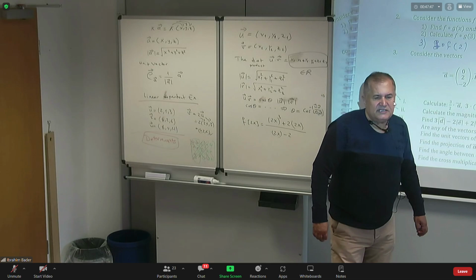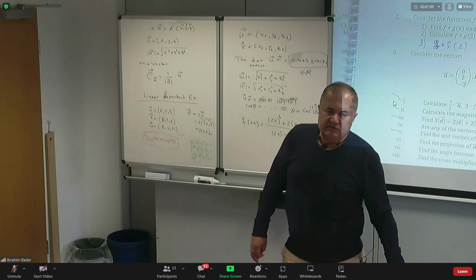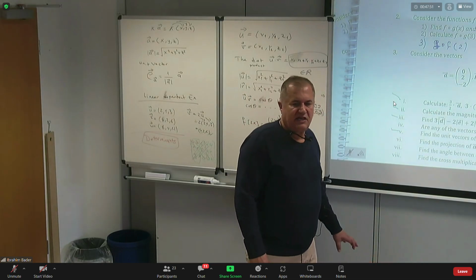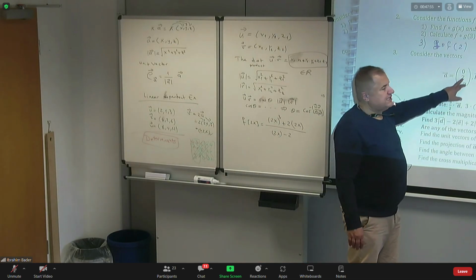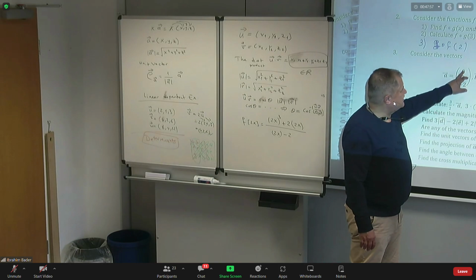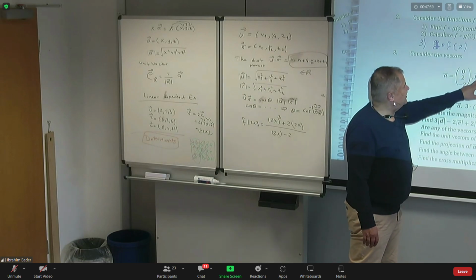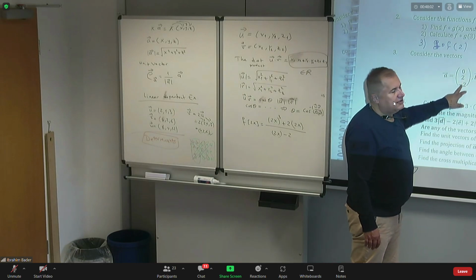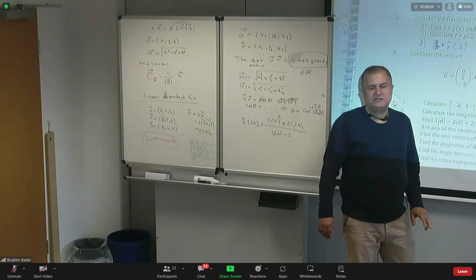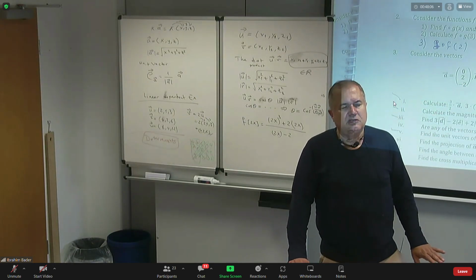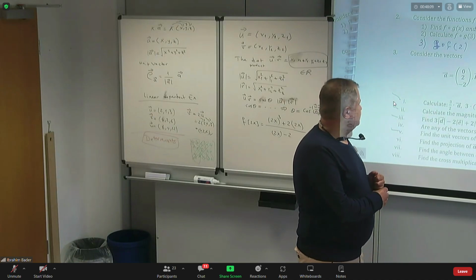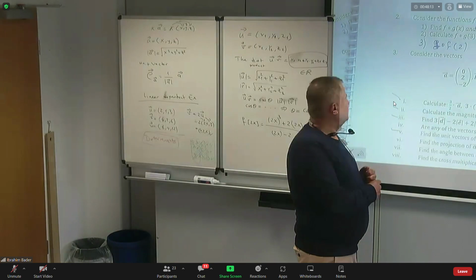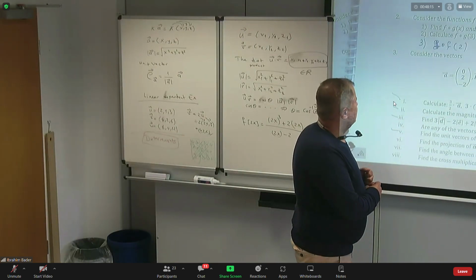It is done component-wise, meaning that if I want to add vectors A and B, I add the X to the X, Y to the Y, and the Z to the Z coordinates. So A plus B would be 1, 0, minus 2.